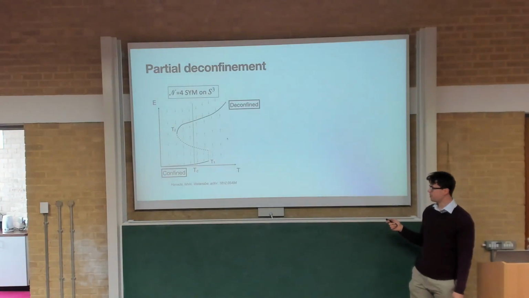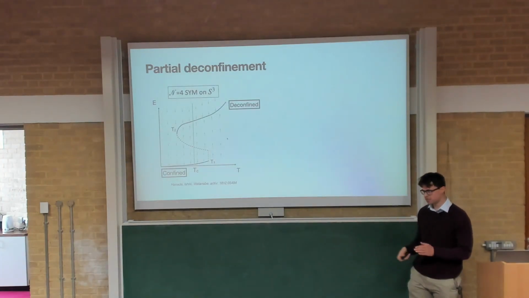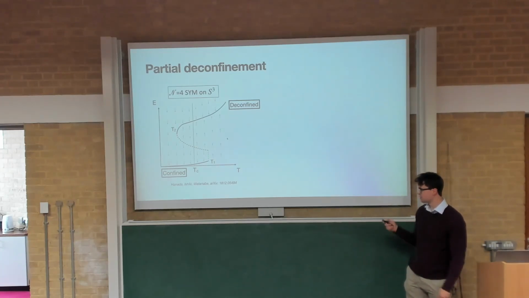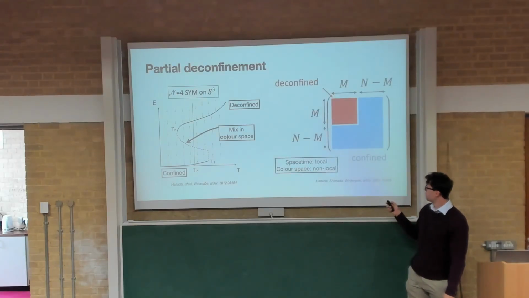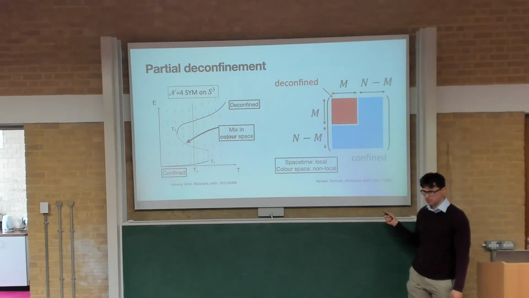The partially confined phase is similar, but instead of being mixed in the space of space-time, it is mixed in color space. So some of color space is in the deconfined phase, and the rest is in the confined phase.